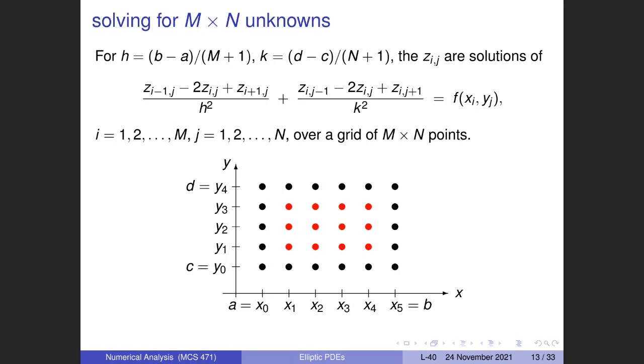Here is what we are doing. We have our unknown z_ij's, and we have m times n many of them. They are the solution of a linear system defined over a grid of as many points. So the linearity is again apparent.